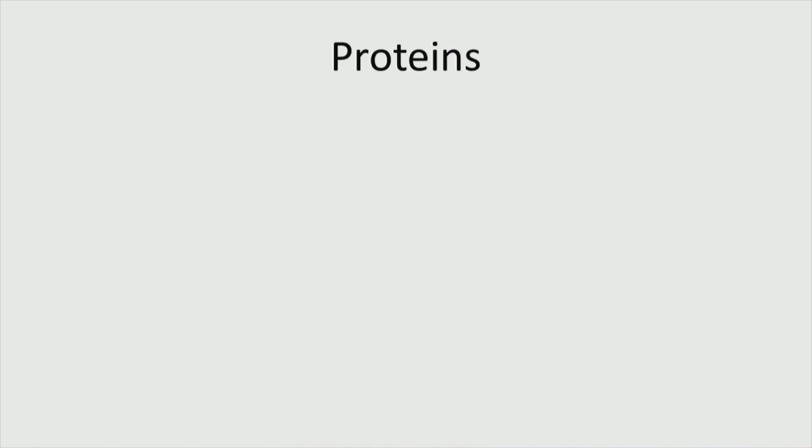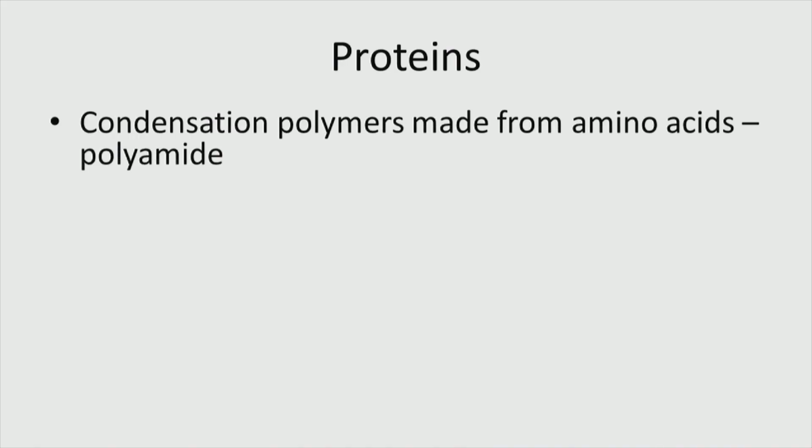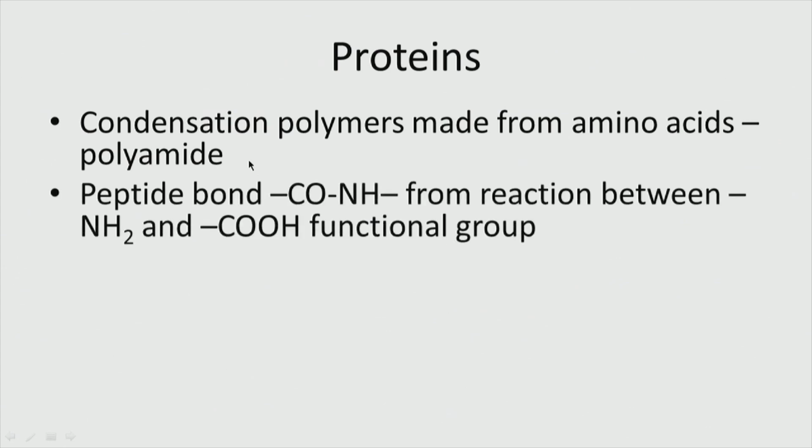Now comes protein, that means they have an amide bond, okay. They are produced by condensation of amino acids, that is polyamide. So all of these will have an amide bond, that means a peptide bond, CONH, because of the reaction between NH2 and COOH, that is how you form this CONH group, okay. They are called amide bond or peptide bond.